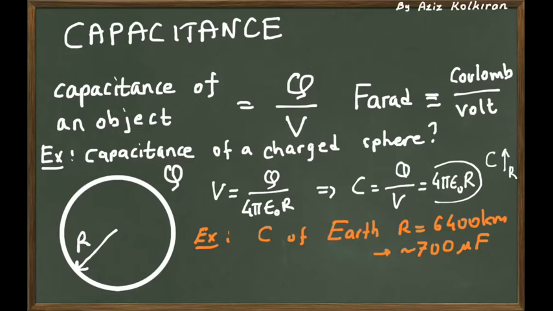See, an object as large as Earth, a very big object, has only 700 microfarad. Micro is 10 to the minus 6. So 1 farad is a very, very large quantity in terms of capacitance. Okay? Just to appreciate the value.